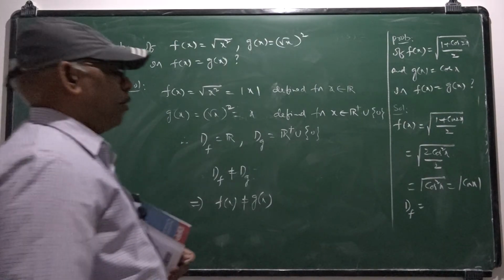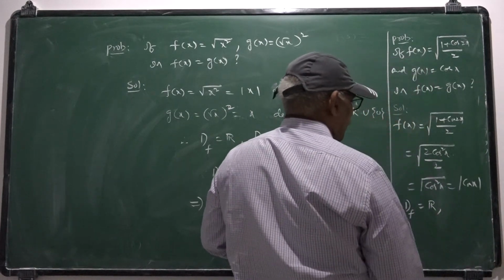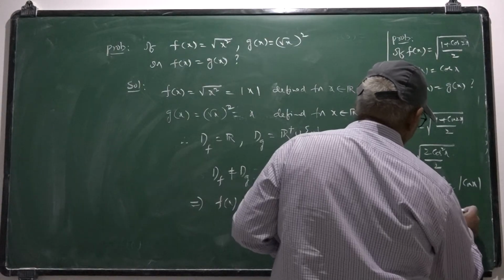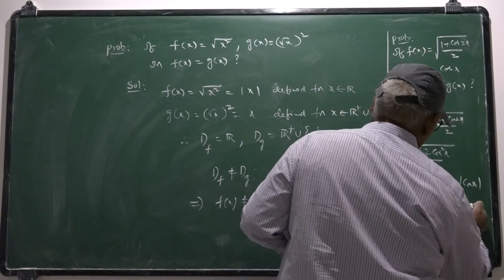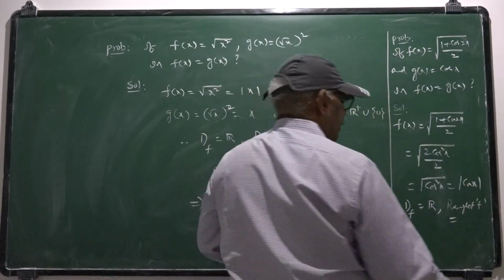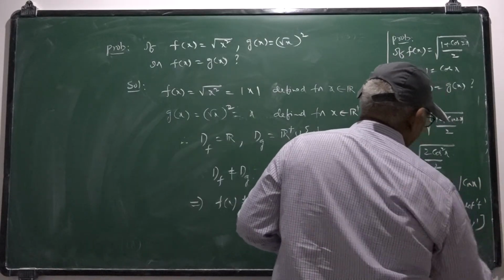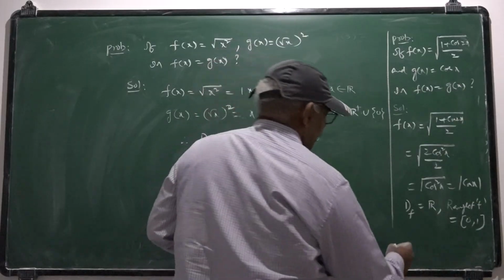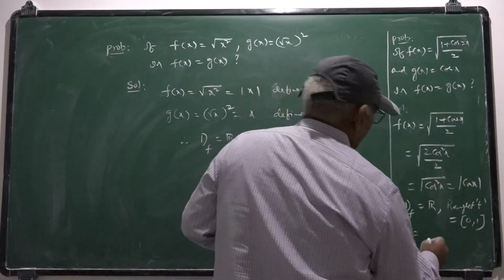It is defined for all reals, but the range of f: mod cos x means it takes only positive values or 0. So range of f is 0 to 1. g(x) equal to cos x.